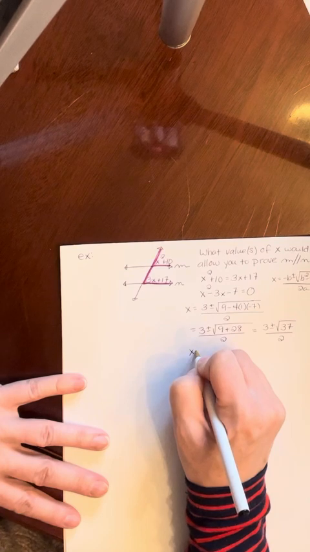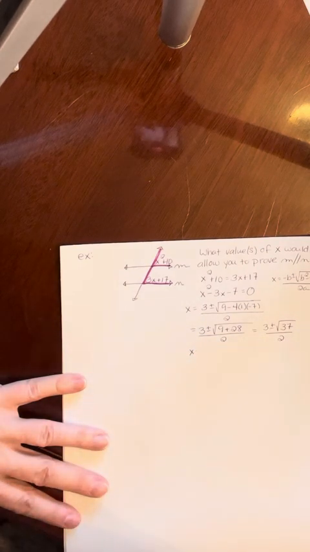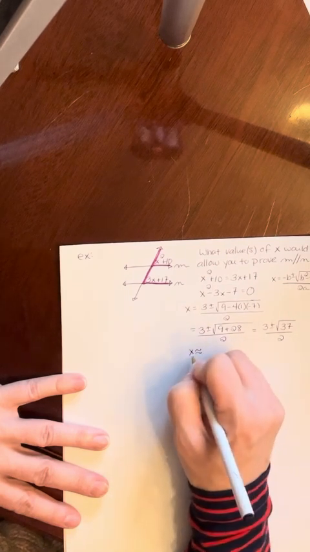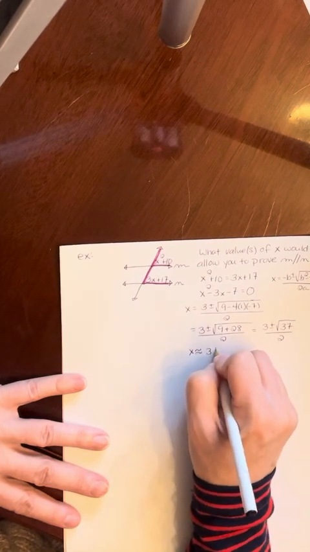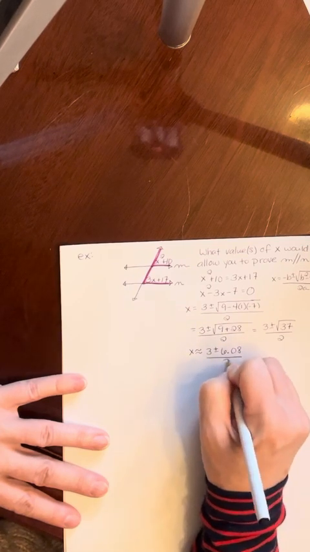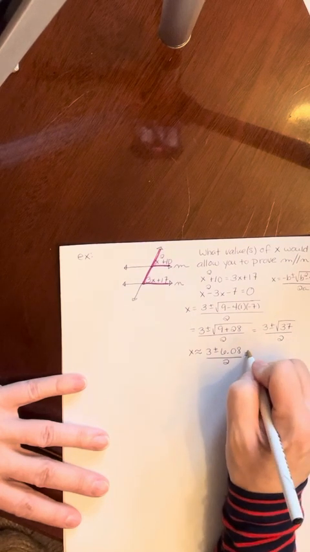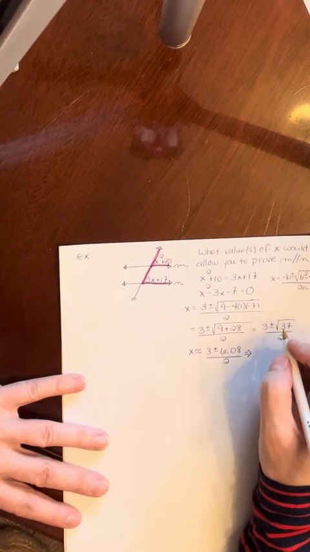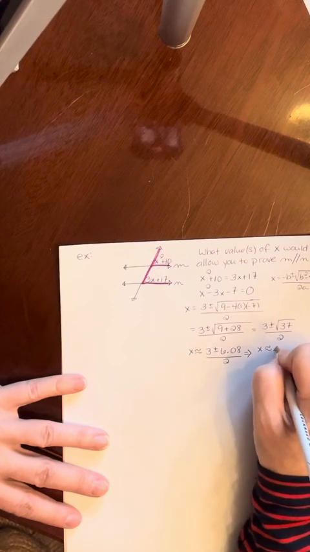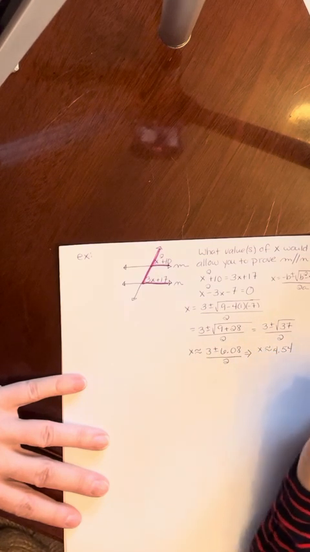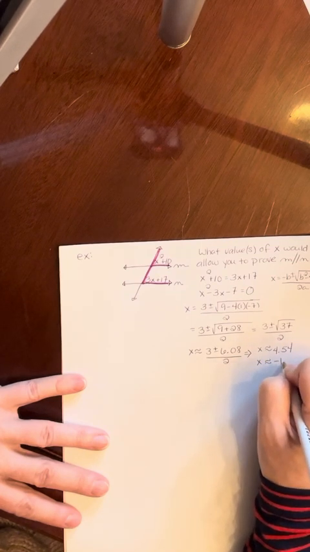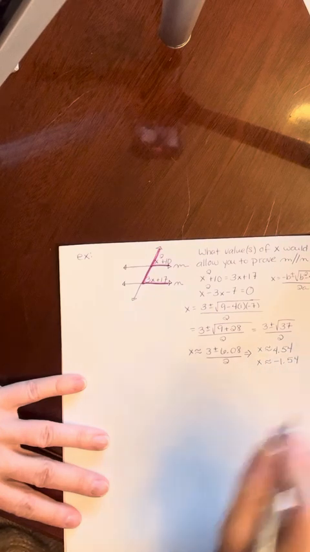If we take the square root of 37, we're going to round that to about 6.08. So we have x equals 3 plus or minus 6.08 divided by 2. And that will give us 2 possible answers that we're going to have to check. So x is about 4.54 and x is about negative 1.54.